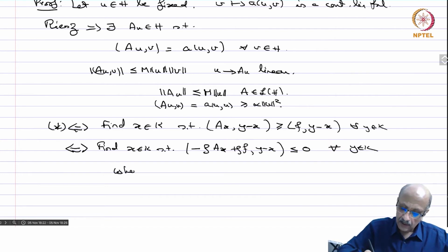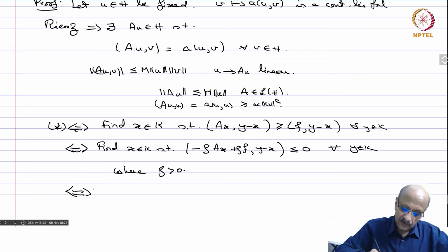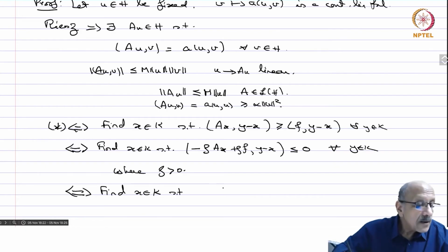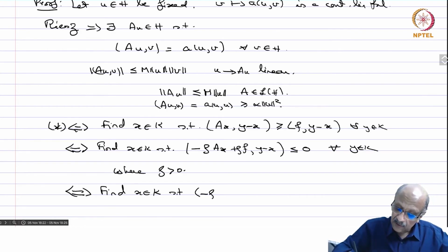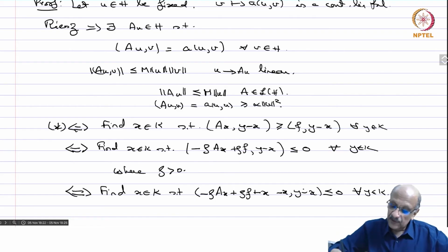Where rho is strictly positive. And I can therefore write this also saying find x in K such that (minus rho Ax plus rho f plus x minus x, y minus x) is less than or equal to 0 for all y in K. Now this looks very familiar.